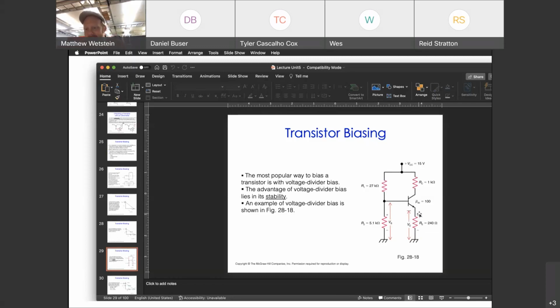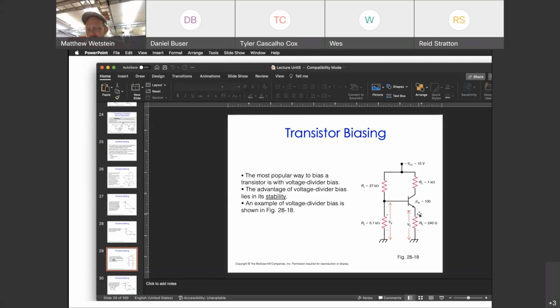And those add. But of course, if the gain is huge, like 1,000, then 1,000 plus 1 is not that different from 1,000. 1 plus big number equals big number. So you can approximate, as far as I'm concerned, IC equals IE in any problem I give you, and it's a very useful approximation.